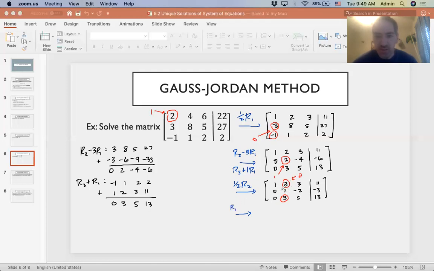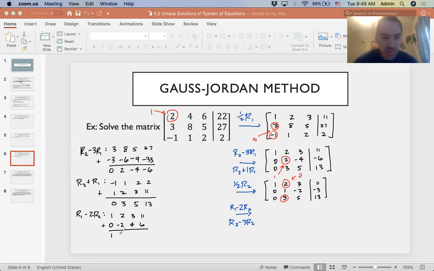So row 1 minus 2 times row 2, because row 2 has the 1 in it, and row 3 minus 3 times row 2. All right, so row 1 minus 2 times row 2. 1, 2, 3, 11. And -2 times row 2, that's 0, -2, +4, +6. We'll add this.